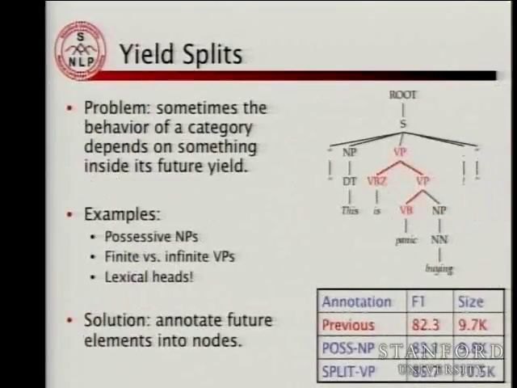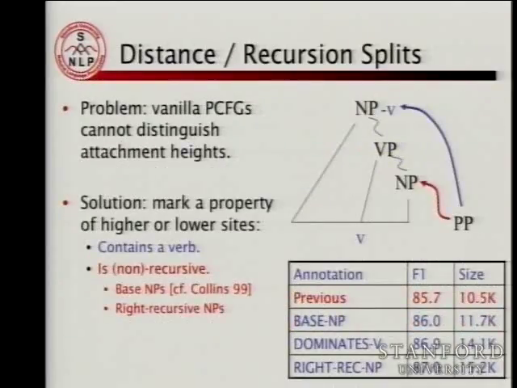What stops you at some point is that your grammar starts to become too sparse, because there's nothing subtle or clever being done here. There's no smoothing of the grammar of any sort. We're just keeping on splitting things. As you split more, your grammar becomes too sparse and you start to have holes in coverage. But nevertheless, you can split a fair way and make the accuracy go up quite a lot.